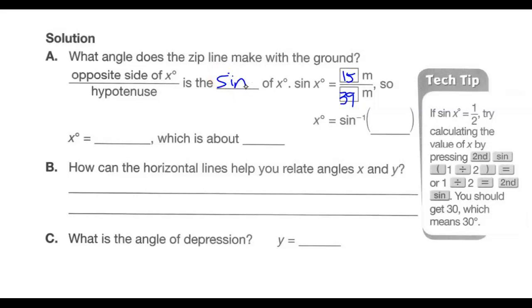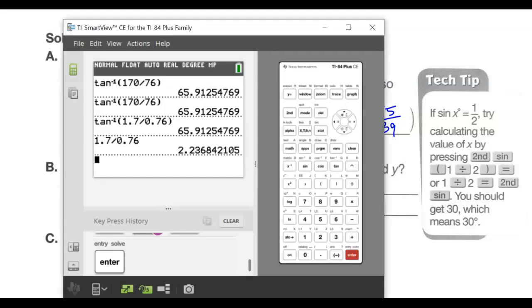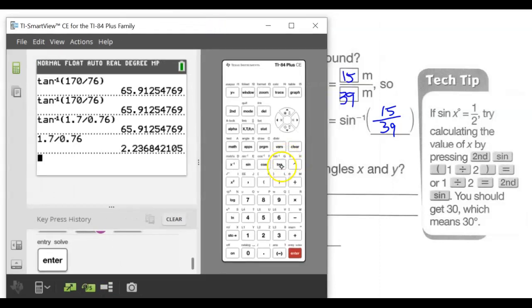All right, so now in our calculator, it's going to look like X equals inverse sine. That's what it sounds like, the words for it. Again, it does depend on your calculator, but for sure, no matter which type, you will be pressing the second or shift key with sine for the angle.